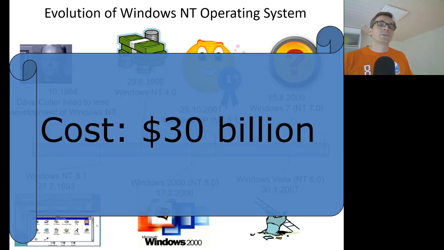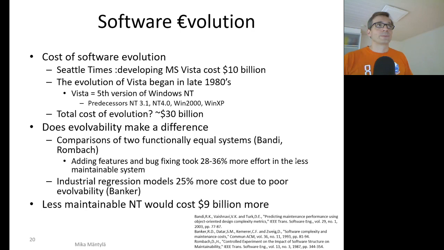The cost of Windows NT evolution can be estimated to be $30 billion. It is based on a Seattle Times interview with Microsoft, where they said that the cost of MS Vista was $10 billion.